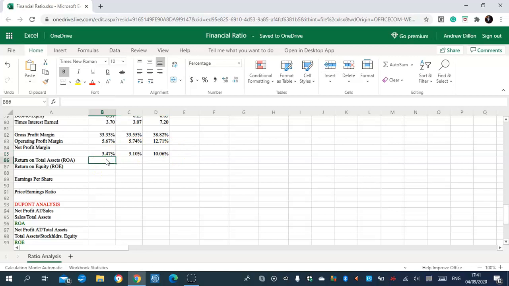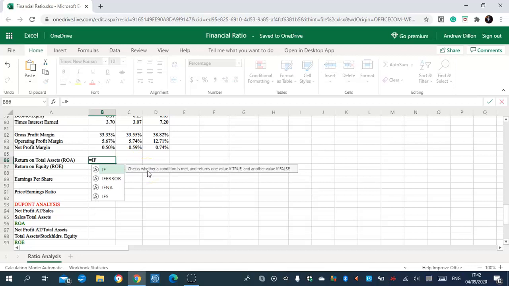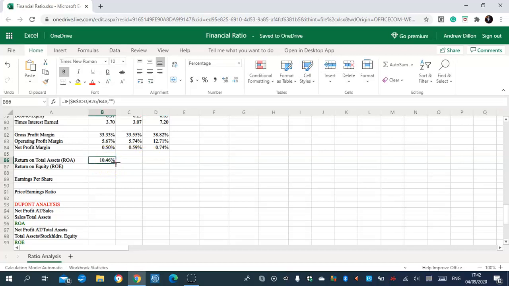Okay, so return on total assets will be the next. Okay, the return on equity will be the next.